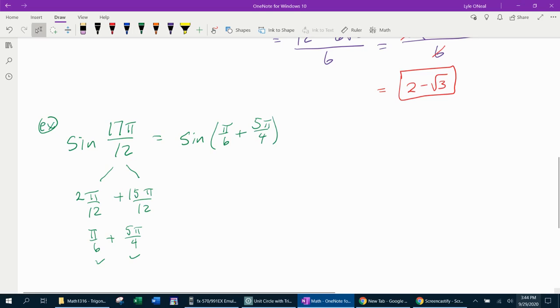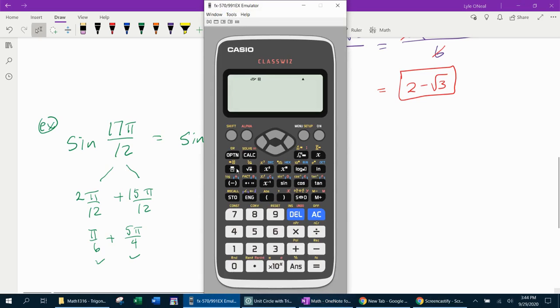And again, if you're not sure, you can bring up the handy dandy calculator and do pi over 6 plus 5 pi over 4. And do you see it does give me the 17 pi over 12 that I needed? So that verifies that these two angles will work.